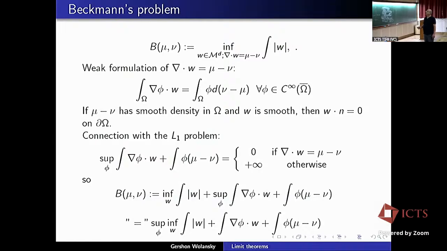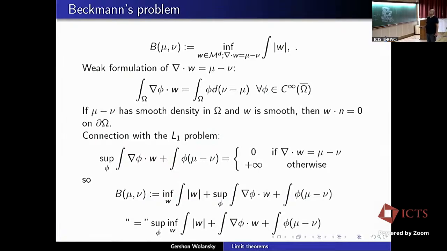So what does the divergence mean? By the weak formulation, the divergence of W is this measure if for any function C infinity in the closure of the domain omega, we have this equality.